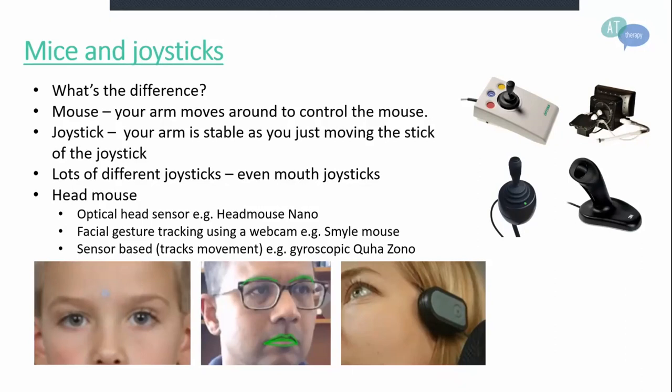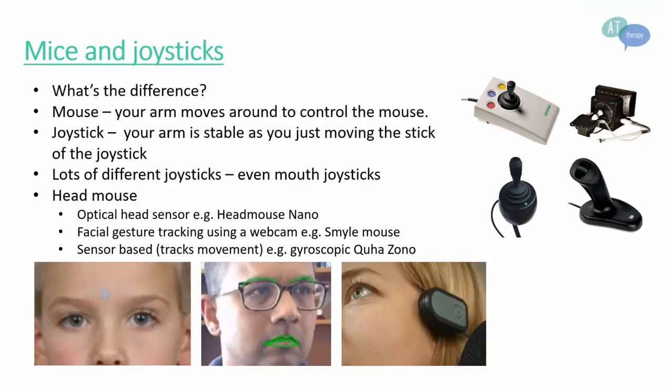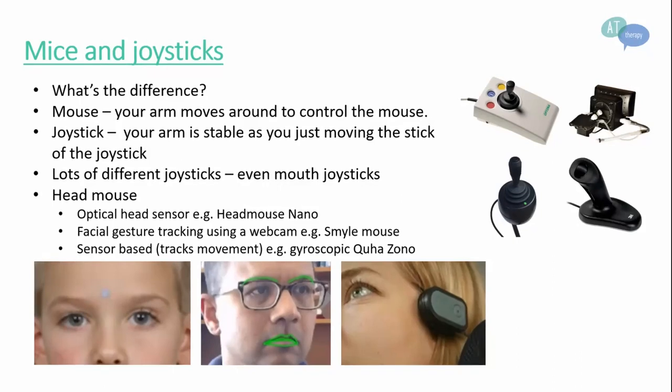That's an optical head sensor, so the Headmouse Nano uses that technology. It's a disposable sensor that you usually put on your forehead, but it could be your nose or your glasses, and the Headmouse will pick up the reflection on that sensor, and it knows where you are in space.